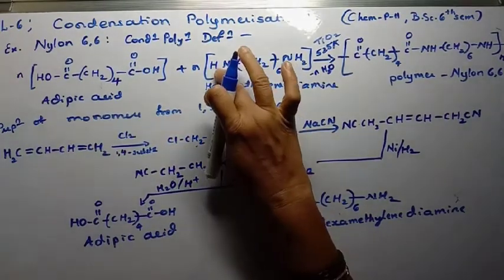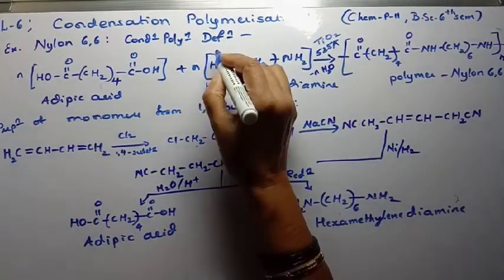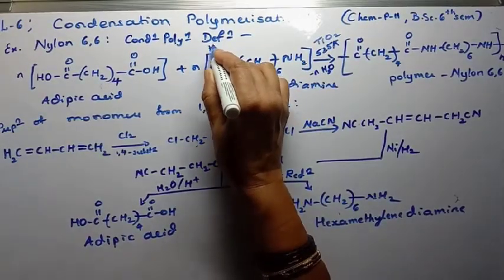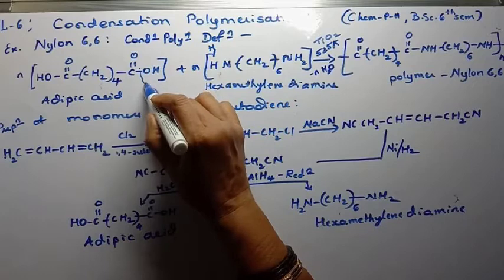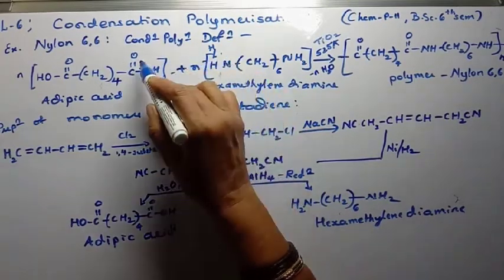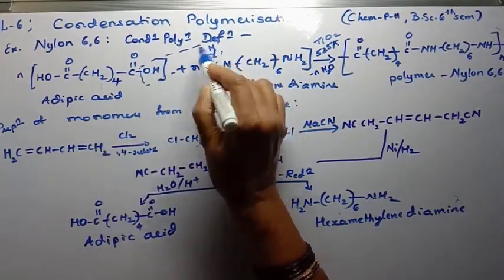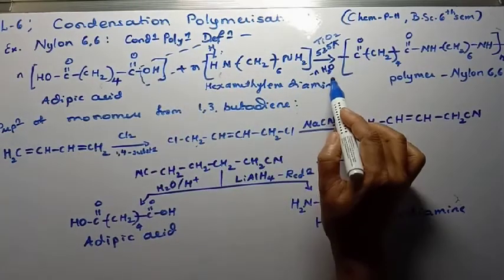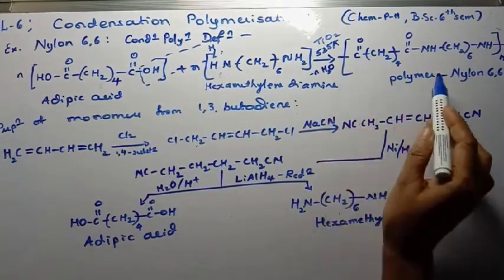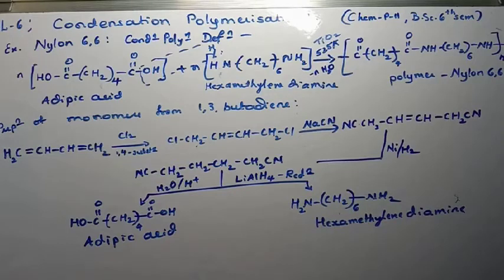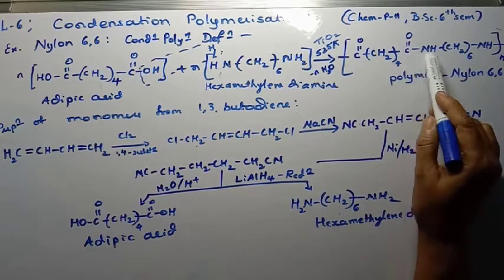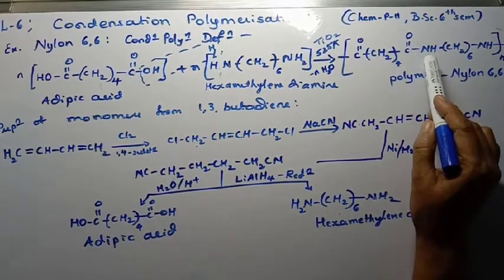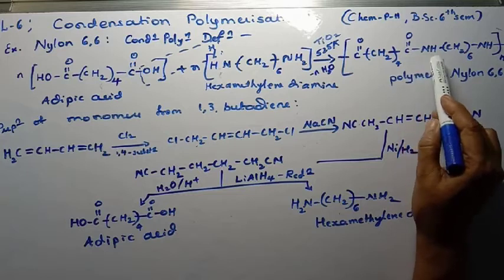Here, H plus and OH minus will be eliminated in the form of H2O, which results in the formation of the amide linkage, the CONH bond.